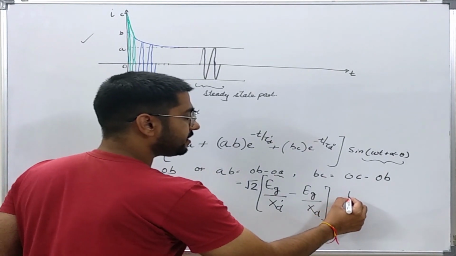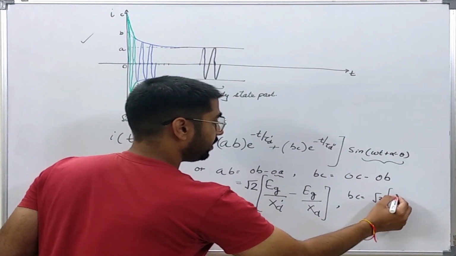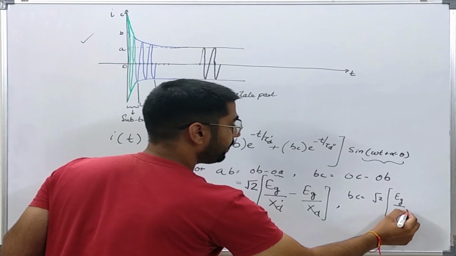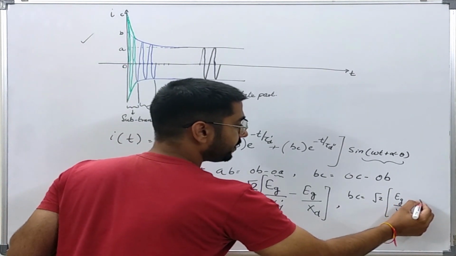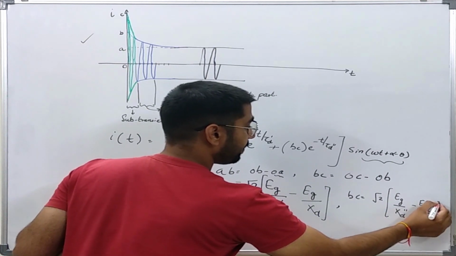Similarly, this BC is nothing but root 2 times EG over XD double prime minus EG over XD prime.